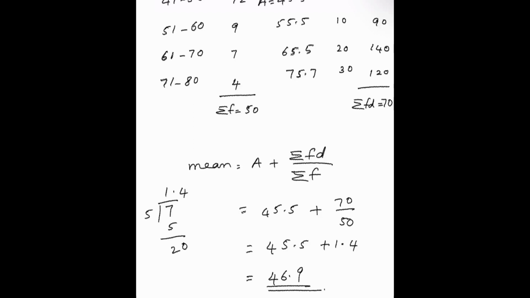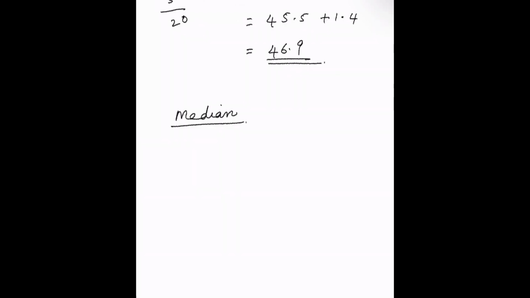Next type of average is median. So we will do using discrete method and tabulated approach. Usually when you have to calculate median, what you do is you write all the observations in ascending order and then you pick up the middle value. That's the general way of calculating median.